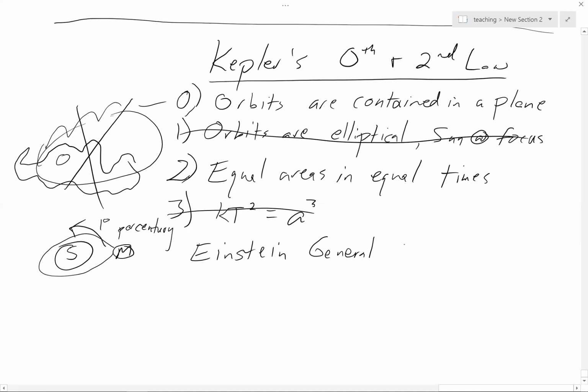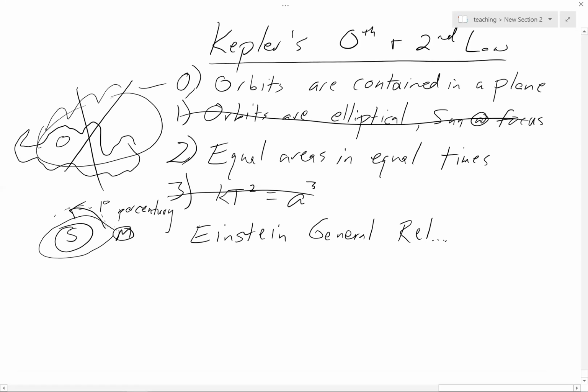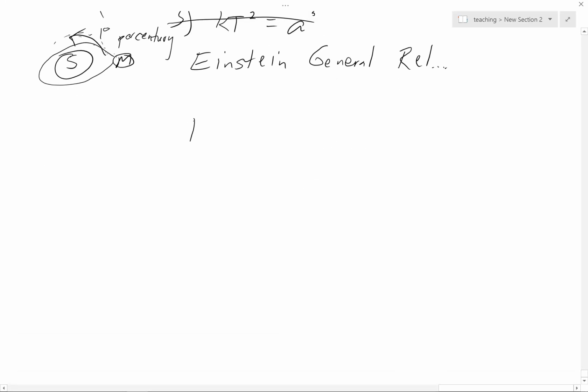According to his model, the plane of all the orbits is rotating very slowly. It's most pronounced with Mercury because it's the closest to the sun. But in this video, we're just going to use Newton's law of gravitation, which we recalled last time.